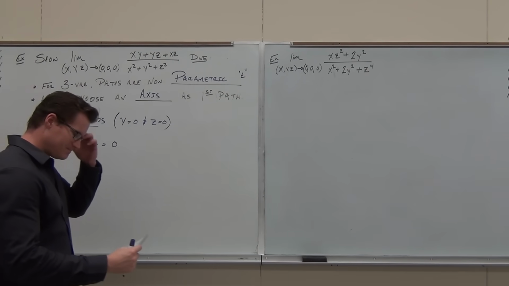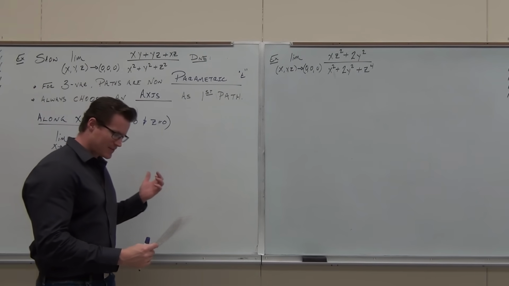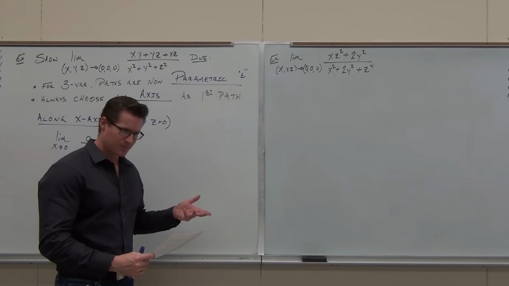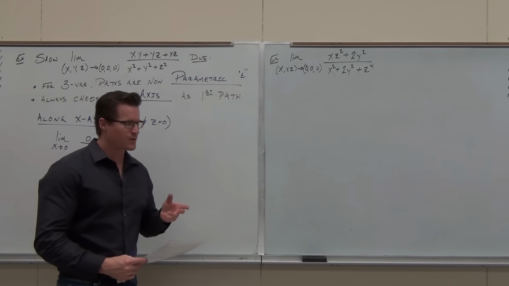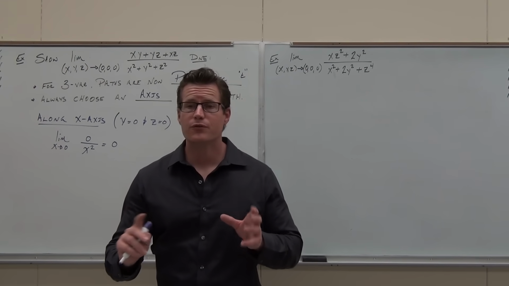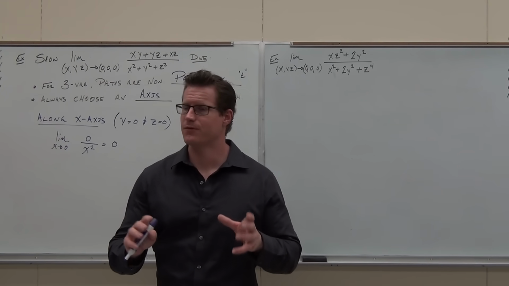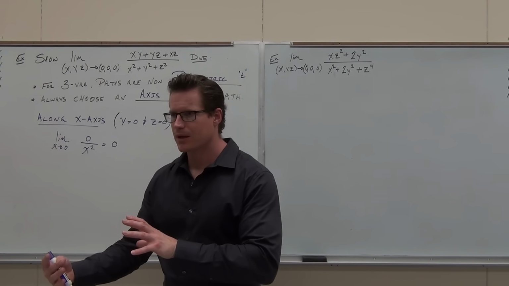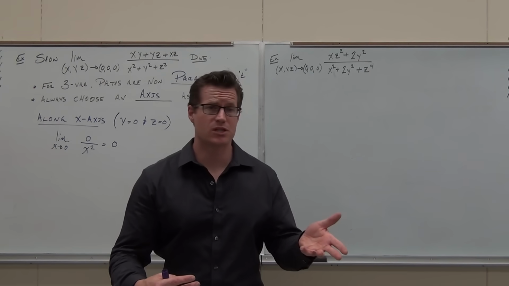Well, the other one, we're going to have to go along a curve that's parametric. The biggest piece of advice I can tell you is set all of your variables equal to a function of t, because that's a parameter, such that your degrees match up, just like we've practiced.